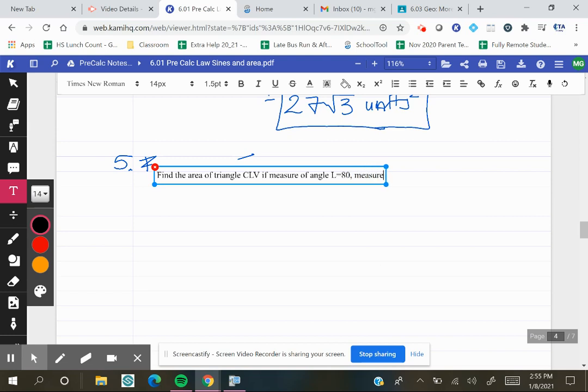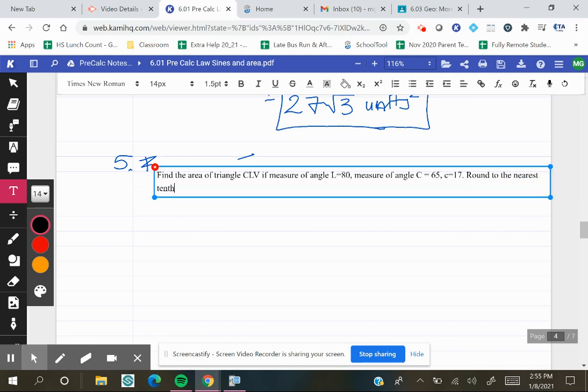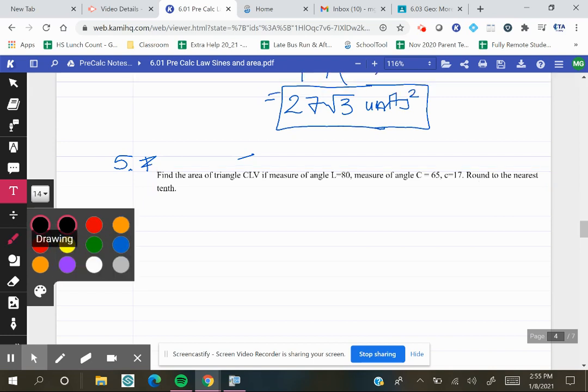The measure of angle C equals 65 degrees, and lowercase c equals 17. And round to the nearest tenth. All right, so first let's draw our picture.